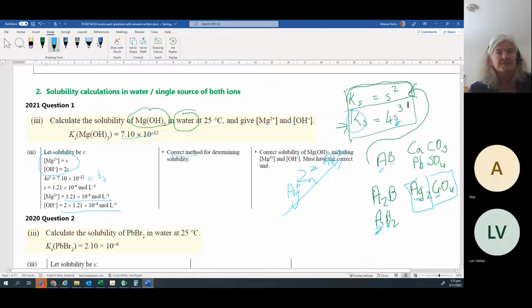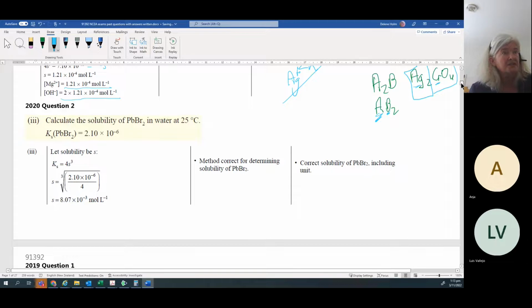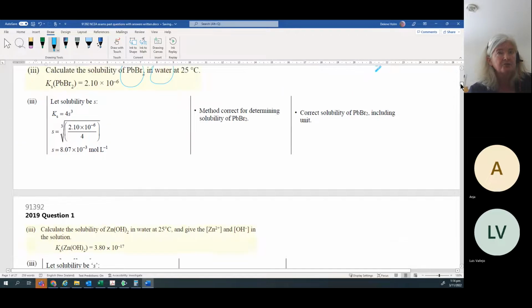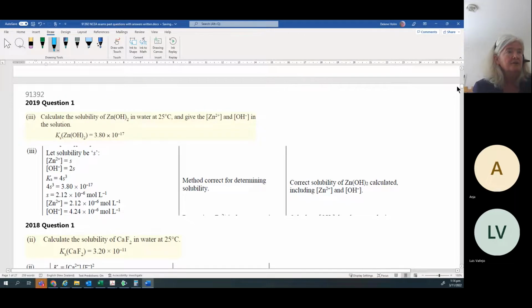Right, and then as you can see, you get the same question asked in 2020, but in this case, can you see it's one substance in water? So you know you can use this equation, Ks is equal to 4S squared. Here you've got this in water, so again, you can use that.